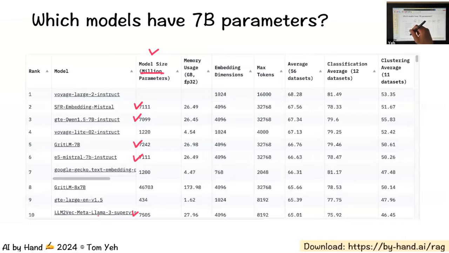These are the Meta Llama and 7B models, or 7.5, close enough. So these are 5 candidates for 7B. The next column is memory usage. Memory usage is just proportional to the number of parameters. So this is 1B, and it is only 4 gigabytes. 7B has 26 gigabytes. So this is how you use this table to help you choose.